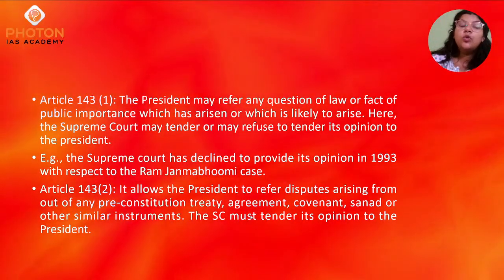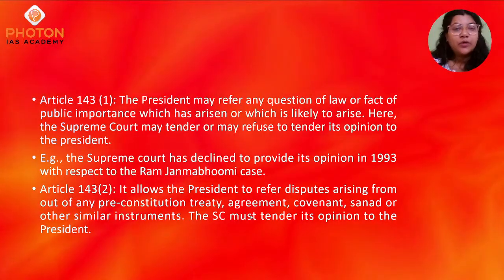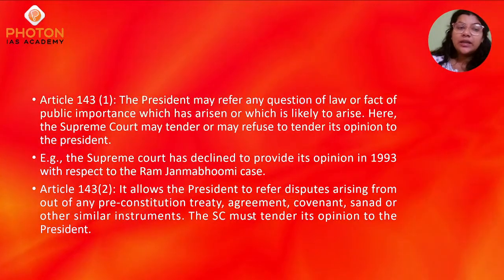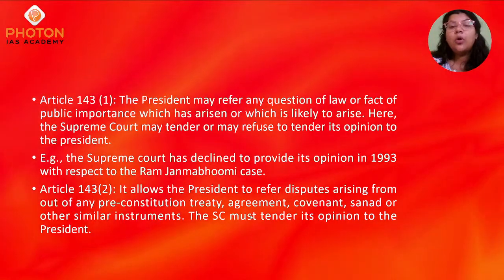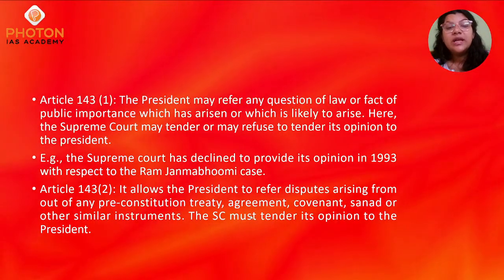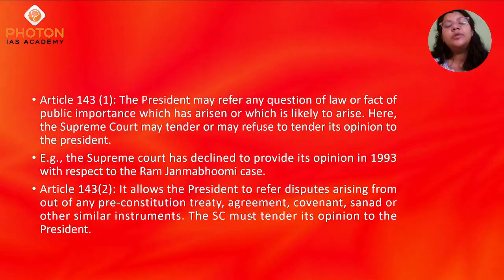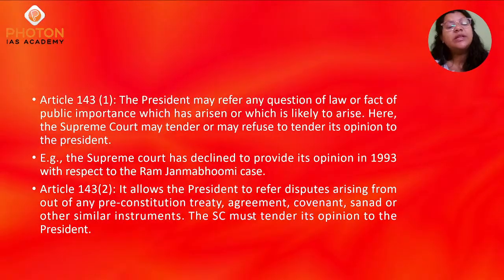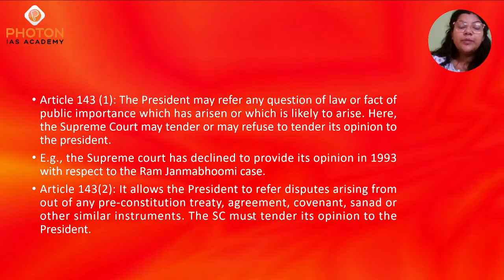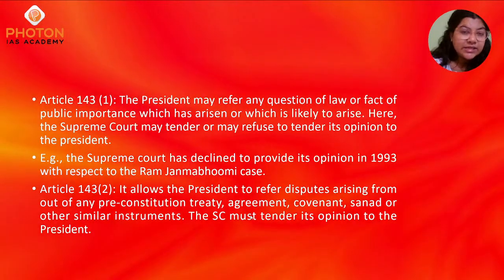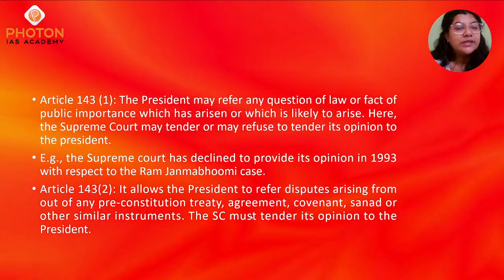So there are two cases under Article 143. In one case, Article 143 Part 1, the President can ask a question of law or fact of public importance which has arisen or which is likely to arise. An example was the Ram Janmabhoomi case, where he had certain queries and asked the Supreme Court, but it is not always necessary for the Supreme Court to tender advice in this case.